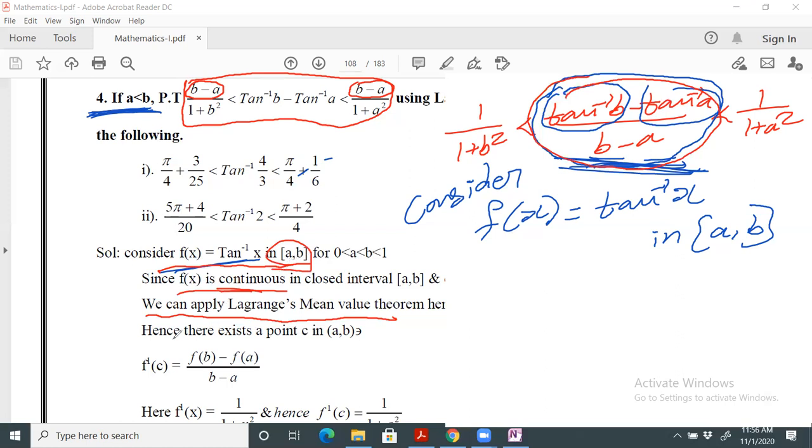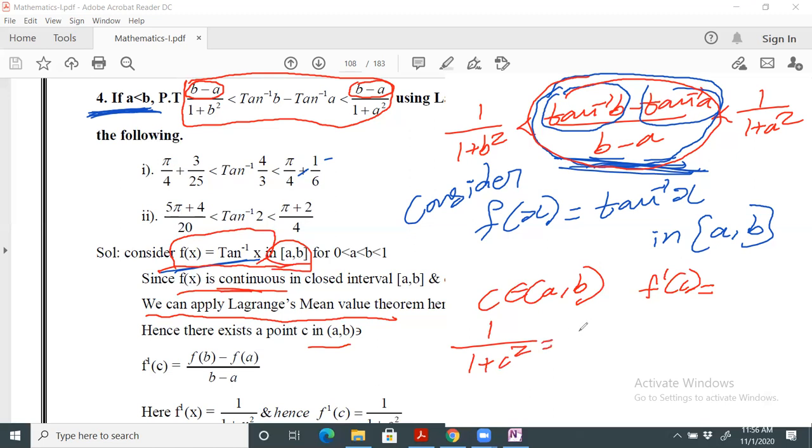Then there exists at least one point c belonging to the open interval a comma b such that f dash of c equals f of b minus f of a by b minus a. What is f dash of c? We took f of x as tan inverse x. Then f dash of x, the differentiation of tan inverse x, is 1 by 1 plus x square, so f dash of c is 1 by 1 plus c square, which equals f of b minus f of a by b minus a.